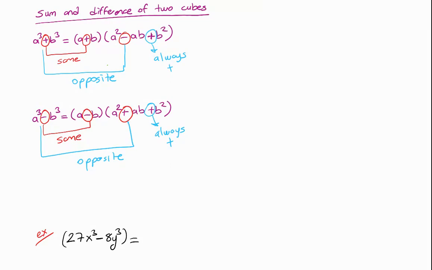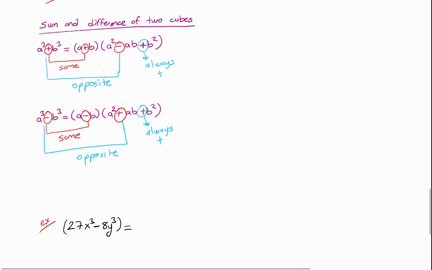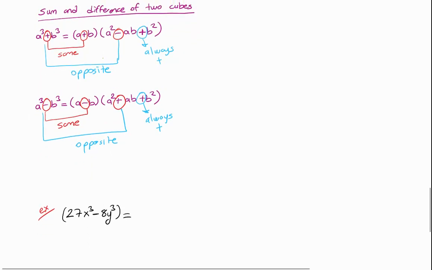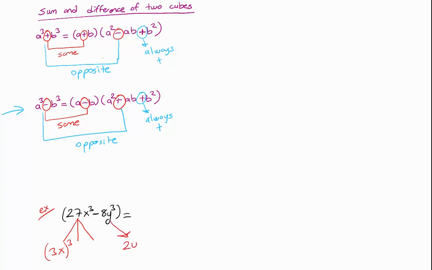Okay, let's see an example again. If we have 27x cubed minus 8y cubed, since it's minus, we will use this formula here. I can write 27x cubed as 3x, so it's 3x cubed actually. And here it is 2y cubed.